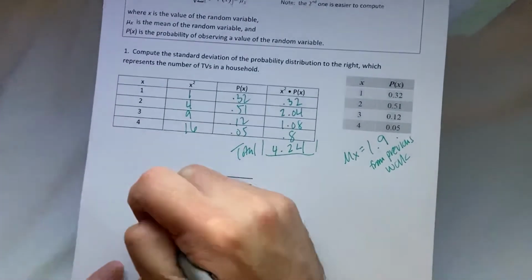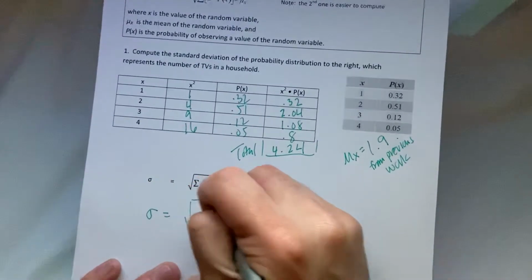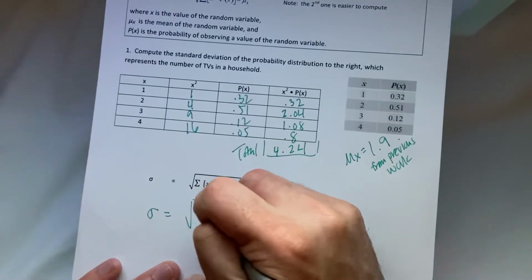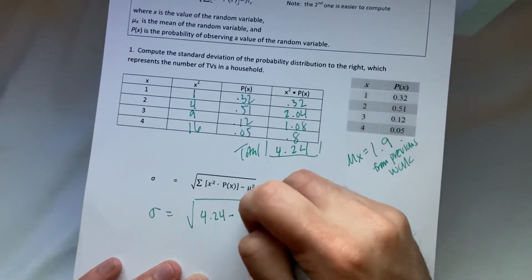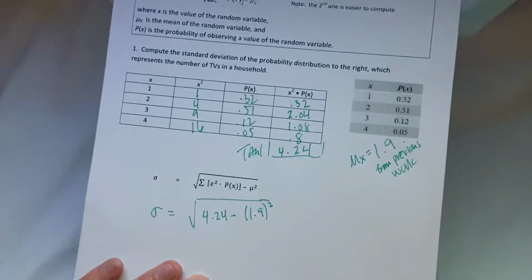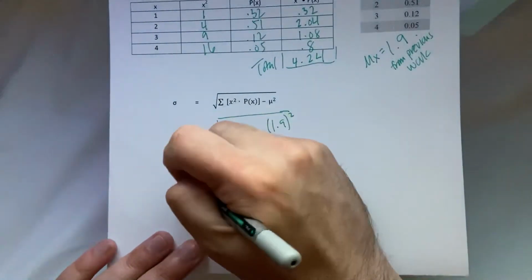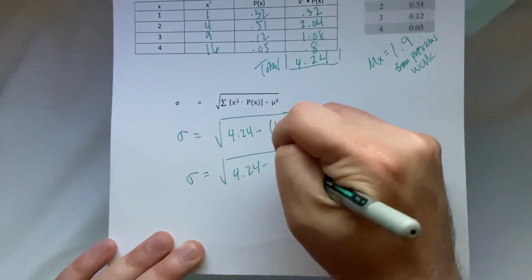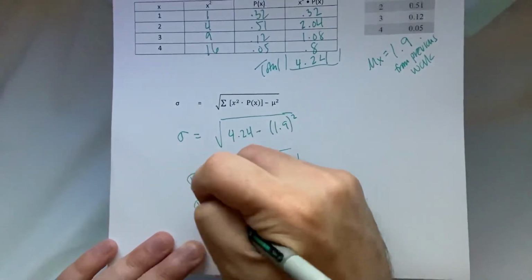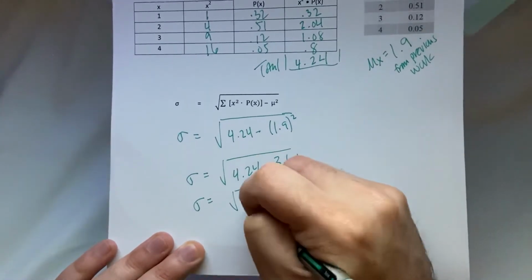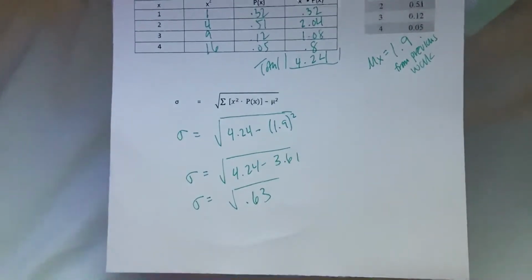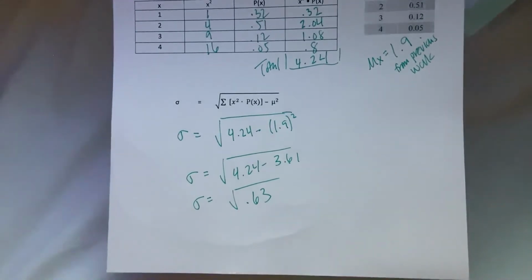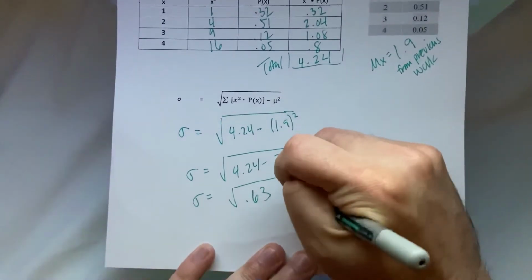So the standard deviation is the square root of this number, 4.24, minus that 1.9 squared. 1.9 squared is 3.61. 4.24 minus 3.61 is 0.63. Square root of that should be around 0.8, just a tiny bit less. Yeah, 0.794.